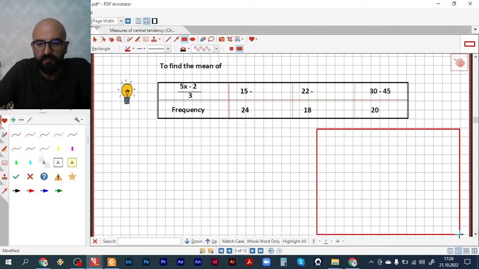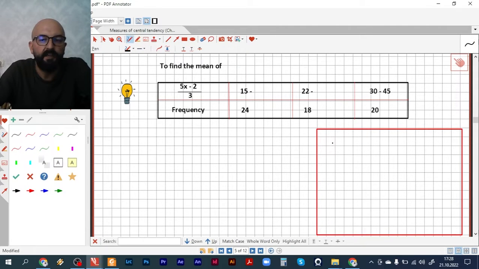write something here. Please remember that if you want to compute the mean, the sum of (x minus 100) over the frequency, you should find x 100 less than the mean.